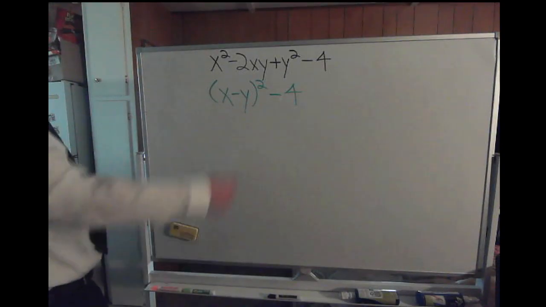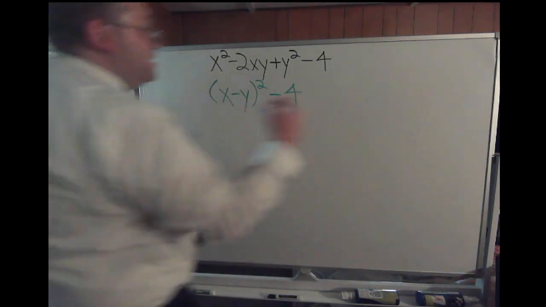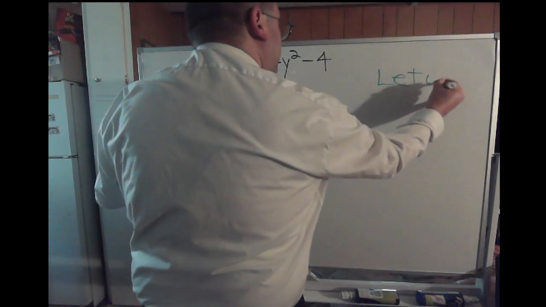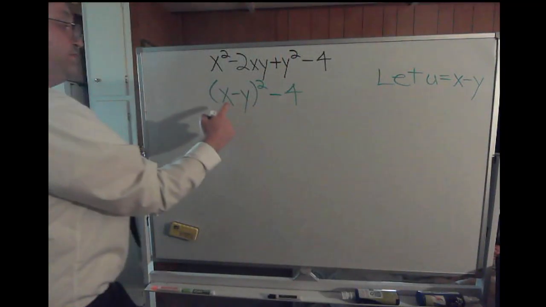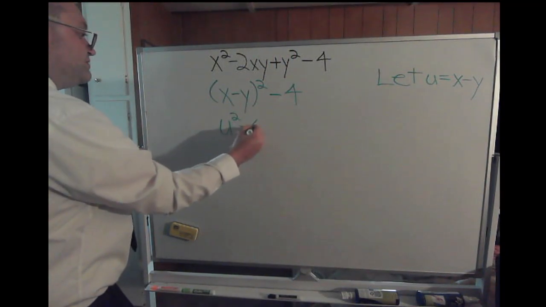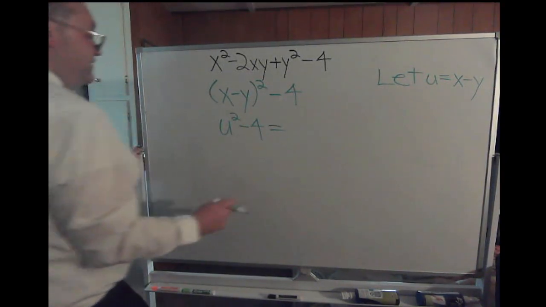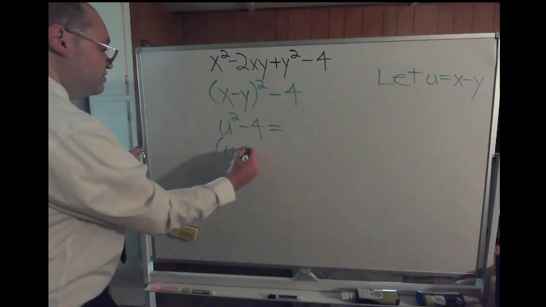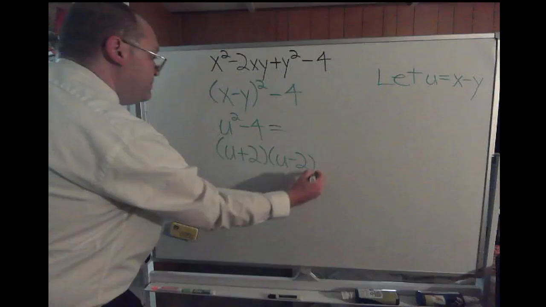Alright, so now you have (x minus y), that quantity squared, minus 4. Again, I'm going to say do yourself a favor, let u equal x minus y. So if u is x minus y, you're now down to u squared minus 4. Much easier to work with. The factorization of this difference of squares, you would get (u plus 2) times the quantity (u minus 2).